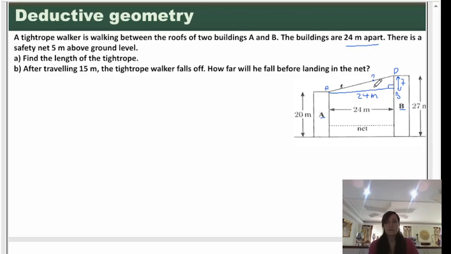Pythagoras theorem says hypotenuse to the power of 2, which is AD. I am going to find the length AD, which is the length of the tightrope.